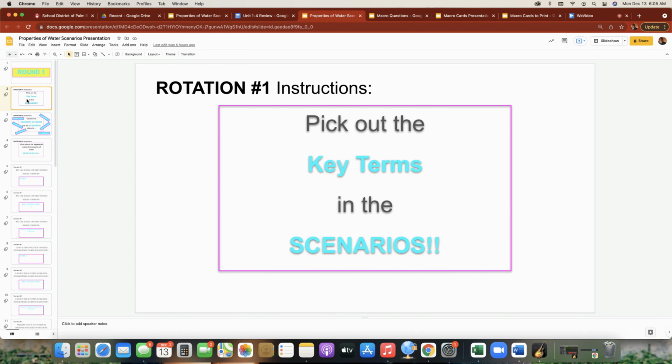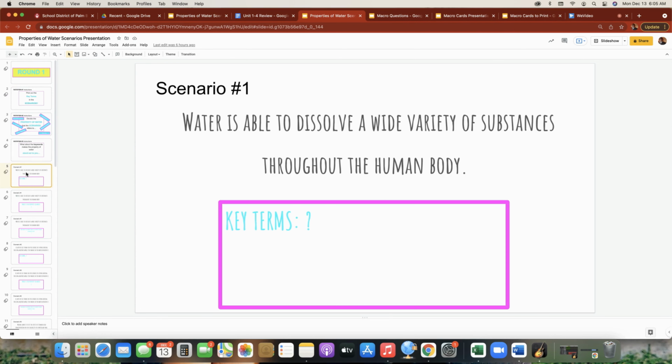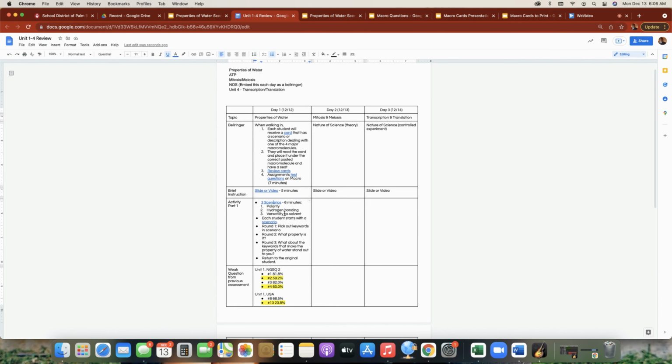All right. So each of the students will get a scenario. The first kid will get scenario 1, the second kid will get scenario 2, and the third kid will get scenario 3. Okay. And the student scenarios are right here.